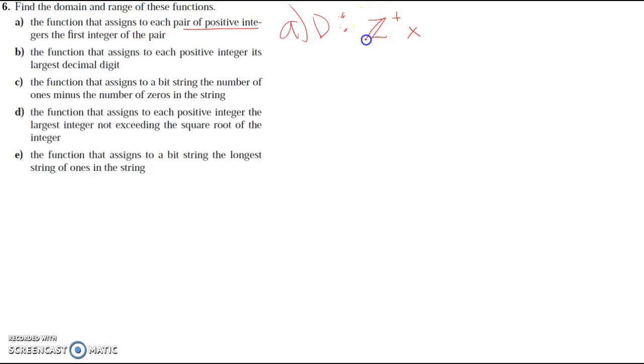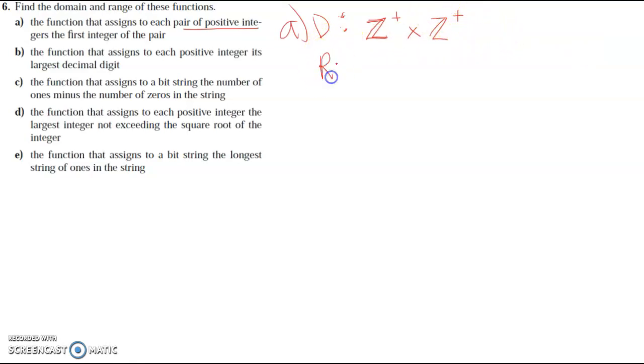Z generally means integers. The second of the pair is also going to be a positive integer. If we were talking about negative integers, then we would write a negative symbol on top. So this is our domain.